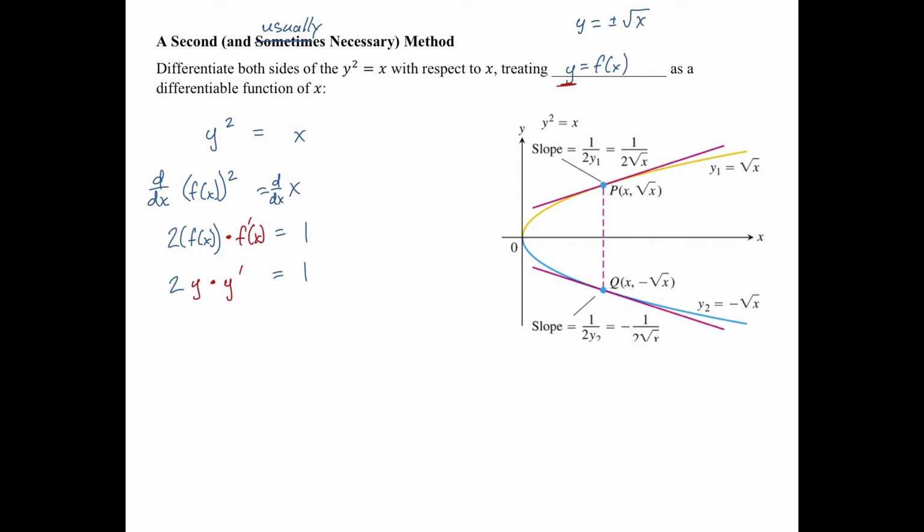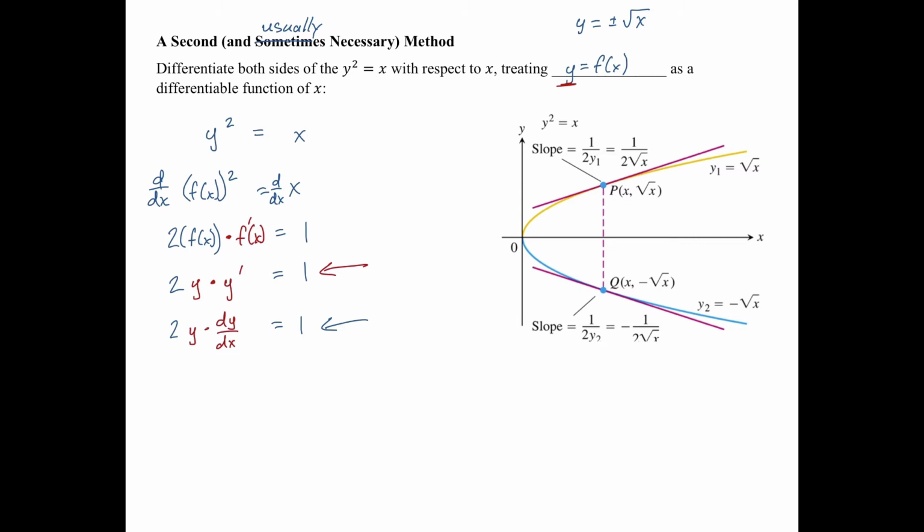That is to say, we have 2 times y times dy dx, and that's equal to 1. And we're going to need that bottom notation quite a bit when it comes to section 3.10 because we'll have to pay attention to what our variable is that we're respecting. But for this lesson, I'm going to use this middle one.